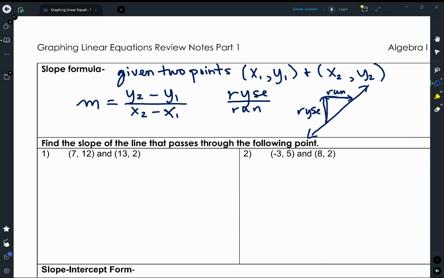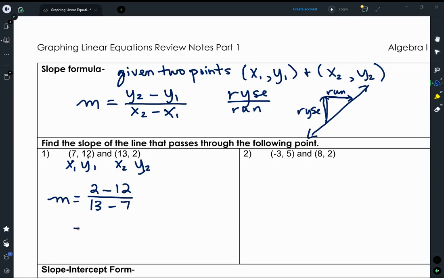So in this first one, when I'm finding slope, I want to first label my ordered pairs. So x1, y1, x2, y2, and then I want to substitute. So for y2, I'll write 2 minus my y1 is 12, divided by x2 is 13 minus x1 is 7.